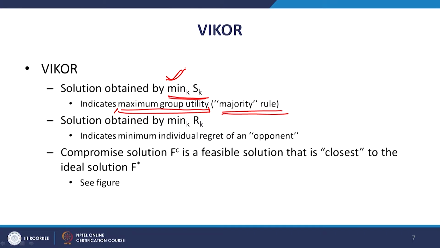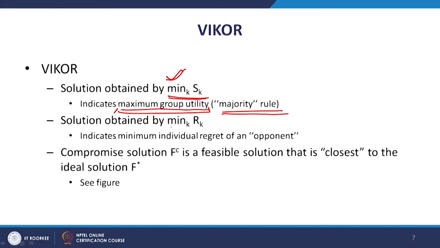So, when we take min k Sk, it indicates the maximum group utility, the utility which is minimum in a sense, because this min value is being taken. This is the best representation of the group utility that is going to be shared across all scenarios. So, this will become a kind of boundary measure in the overall VIKOR implementation.